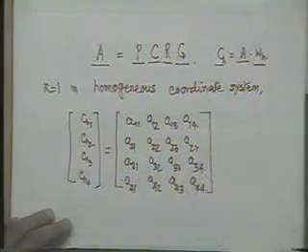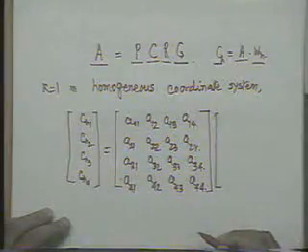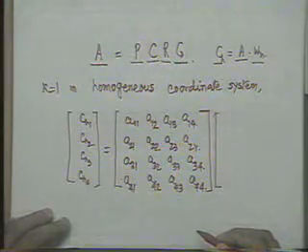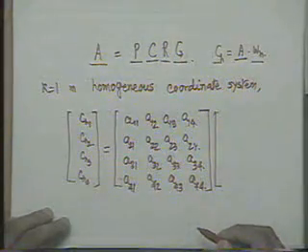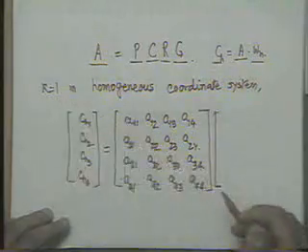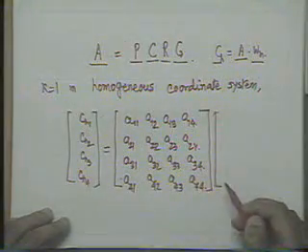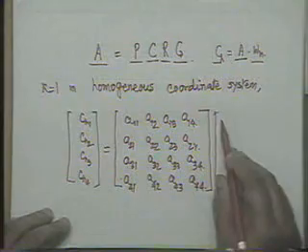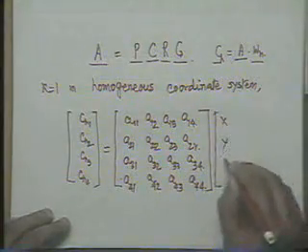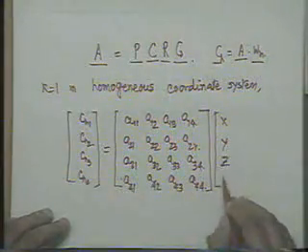So this is my transformation matrix A, which is unknown. I have to compute the elements of this matrix if a certain number of points are given to us, and this should be multiplied by the column vector of x, y, z coordinates, and I have assumed the value of k to be 1. So what will be the elements of this vector? Capital X, capital Y, capital Z, and the fourth element 1.